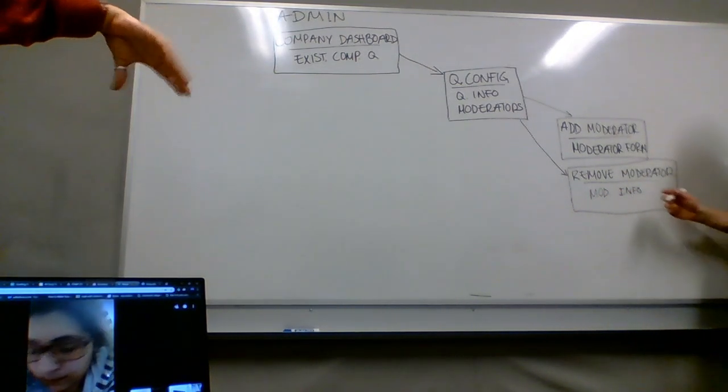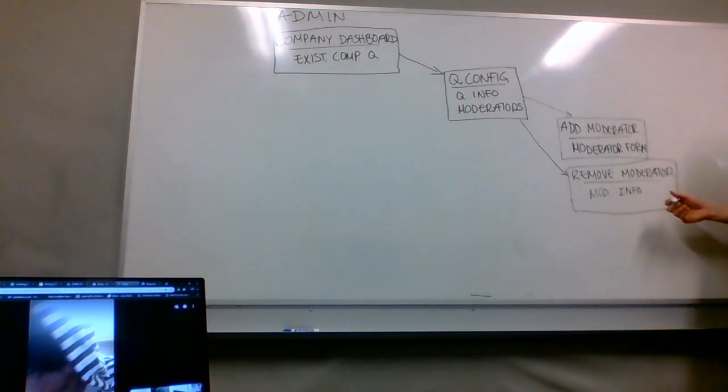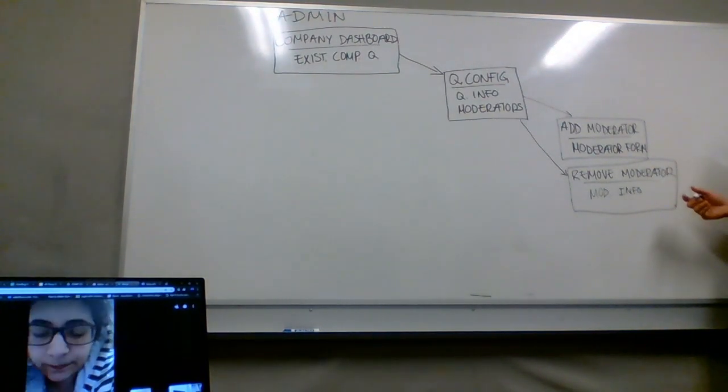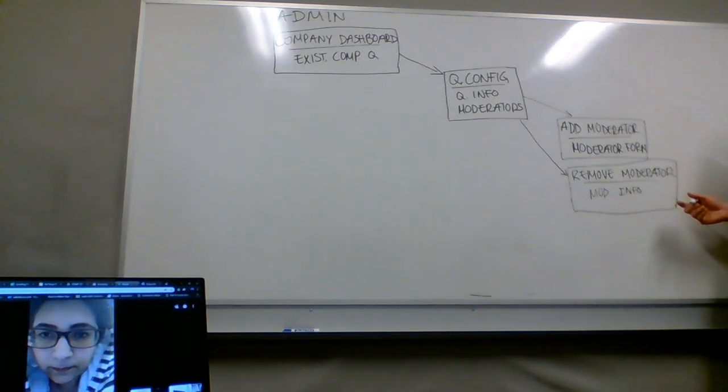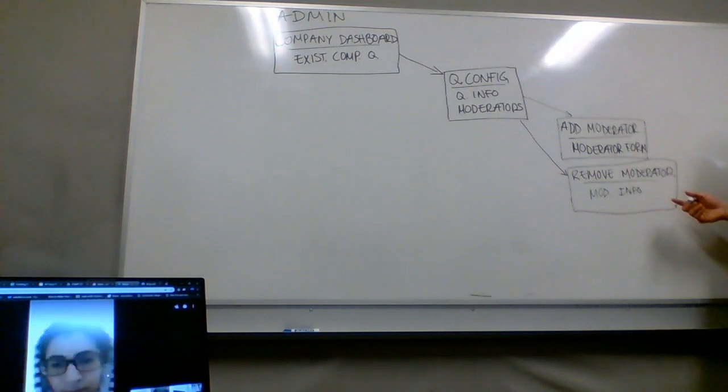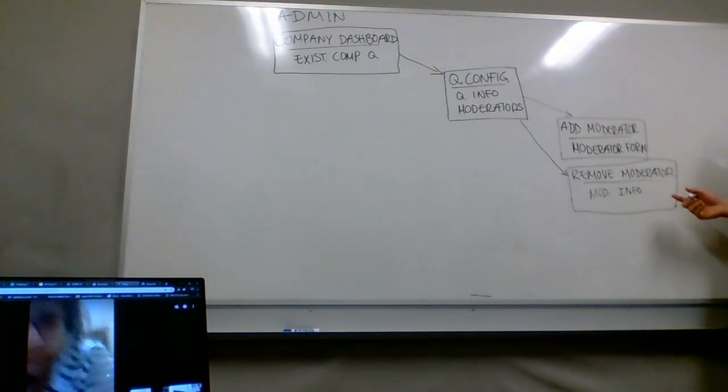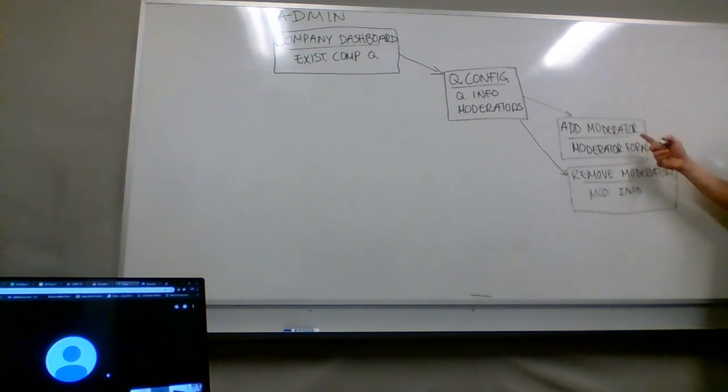So the confirmation can be common for both add and remove. You can have a, and then save. The whole configuration, adding and removal of moderators, merge into one. We just redirect both to one screen and then we just save the whole info.